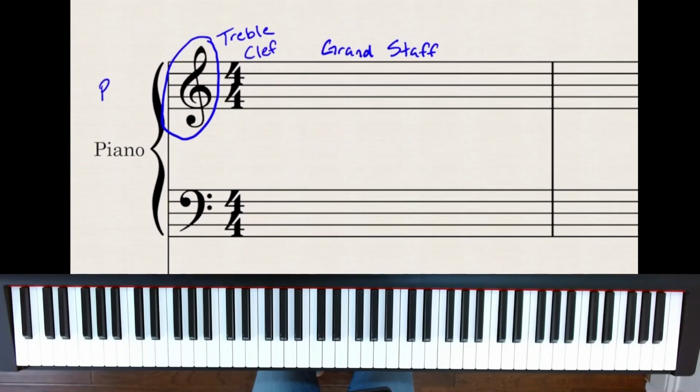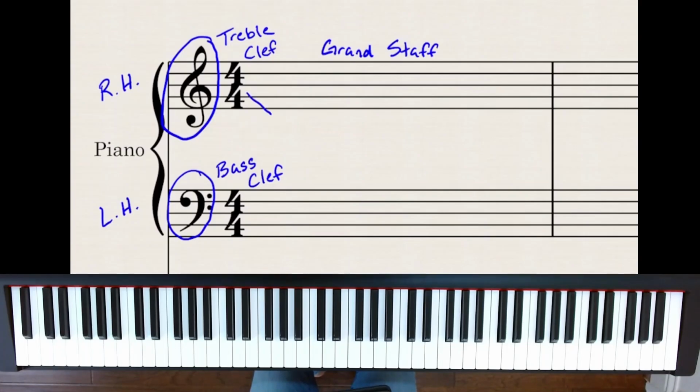And the treble clef represents our right hand notes. And down here, we have what's called the bass clef. And that represents our left hand notes.